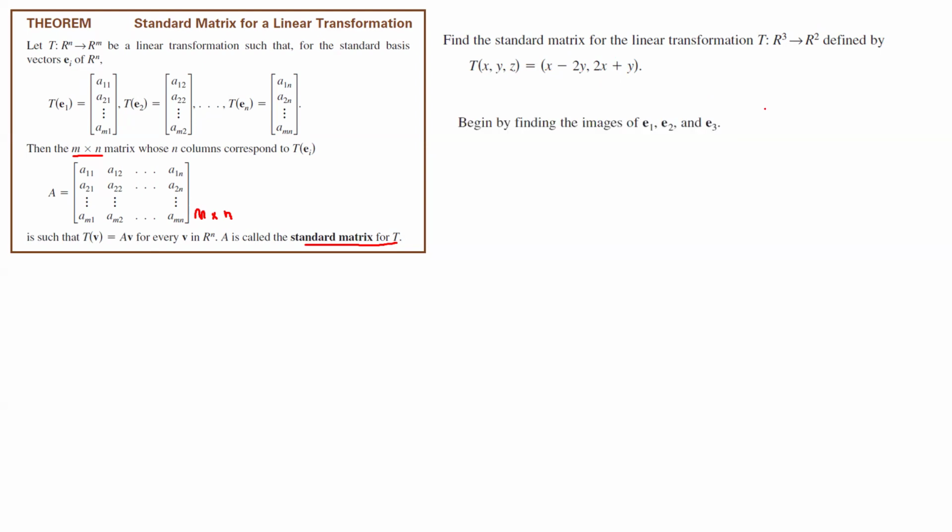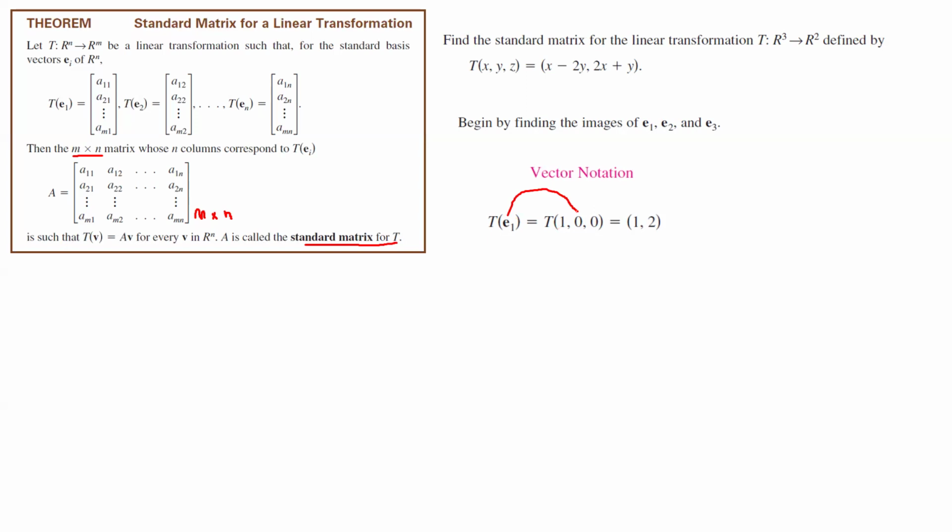Let us begin by finding the images of E1, E2, E3 under this linear transformation. For the vector notation, T of E1 is T of 1, 0, 0. This is how we defined the standard vector 1, 0, 0.